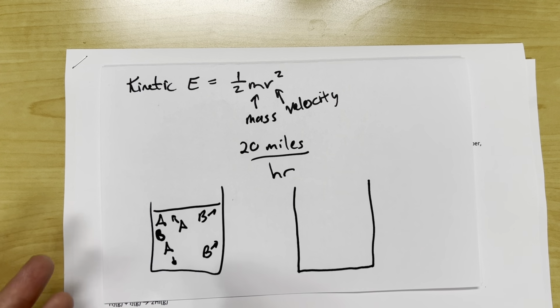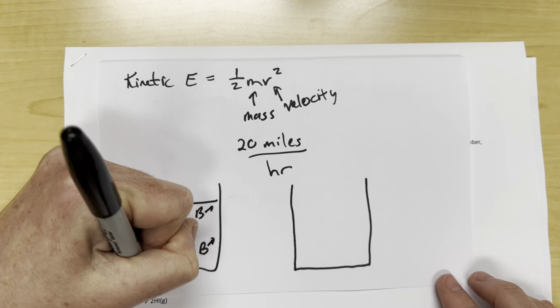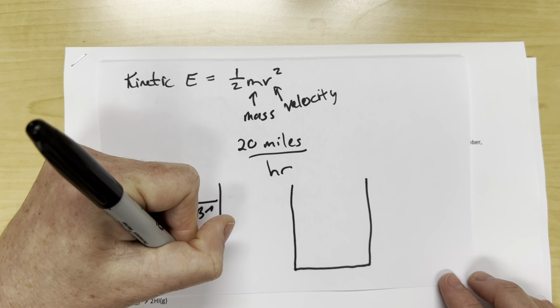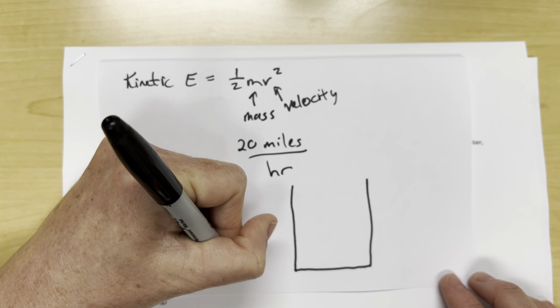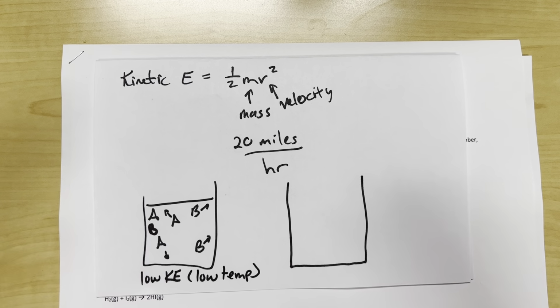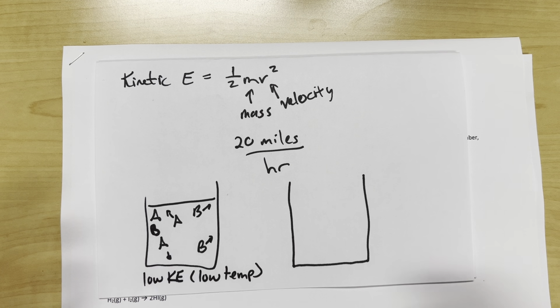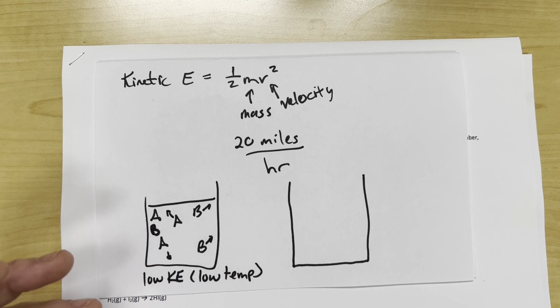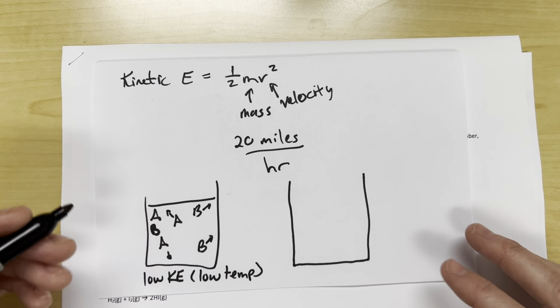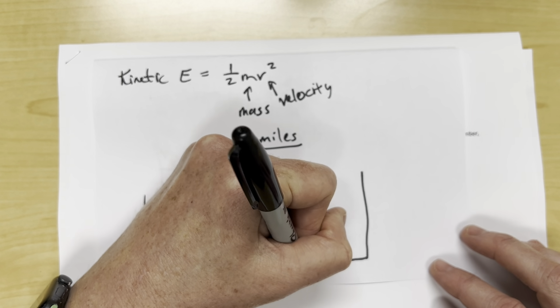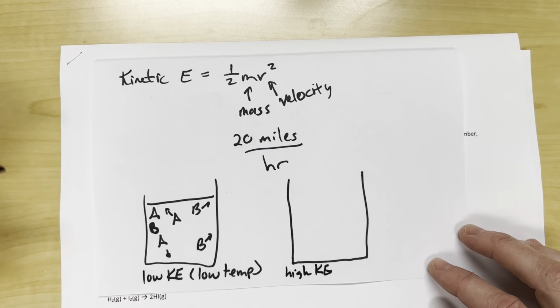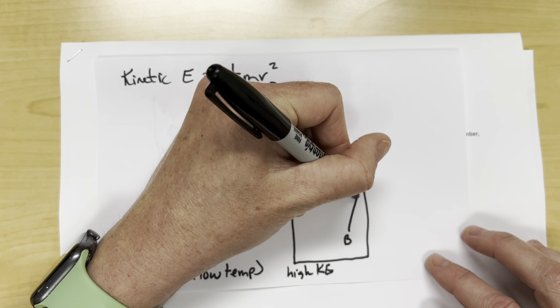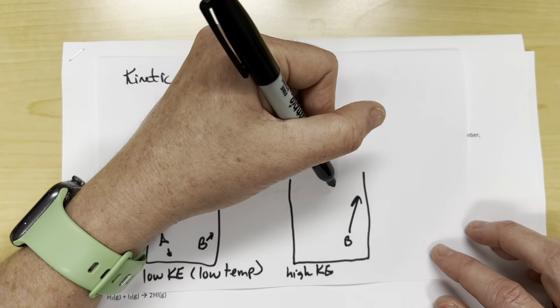Okay, so here we have things at low kinetic energy, in other words, a low temp. They're moving very slowly. And much like you, when you get warmed up, like let's say you're stretching in order to go for a run, or you run the first 5 minutes or something like that, your body warms up and suddenly it's moving better. So when you have a higher kinetic energy, these things are going super fast.